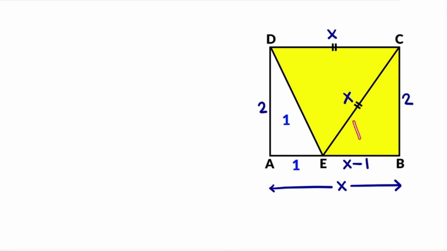Now look at right triangle EBC. Its vertical leg is 2. Its horizontal leg is x minus 1. And its hypotenuse is x. Apply the Pythagorean theorem. The quantity (x minus 1) squared plus 2 squared equals x squared.